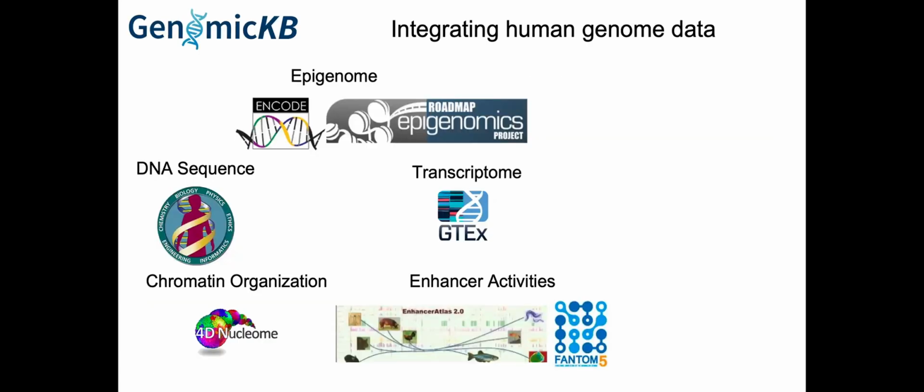So next, I will describe genomic KB, the first knowledge graph that was motivated to integrate human genomic data. So by the time of 2021, there was already tons of genomic data available, like ENCODE, 4DN, GTEx, and FANTOM5. All of these describe different modalities of the human genome.